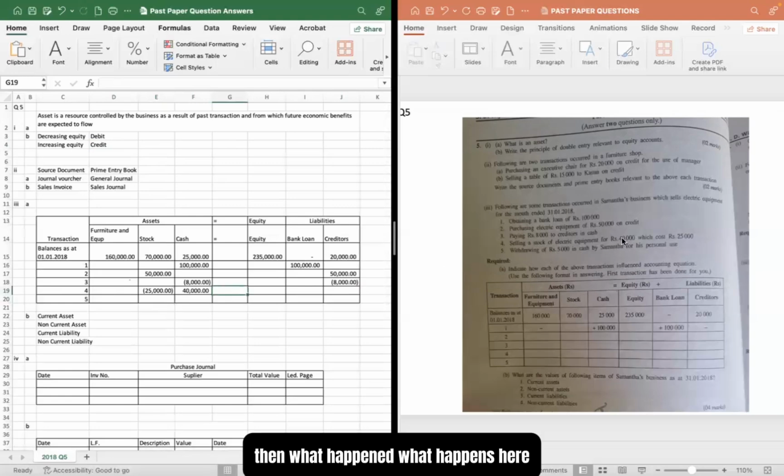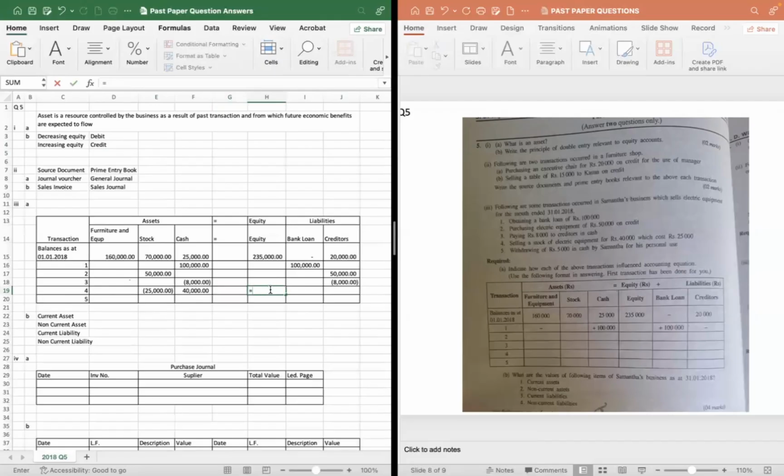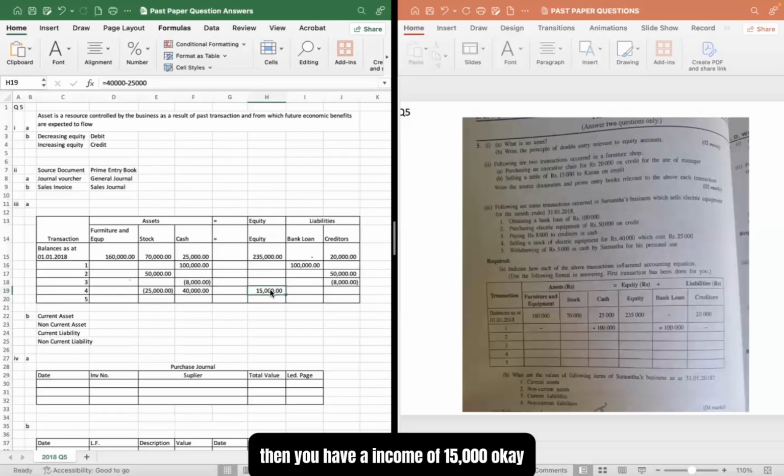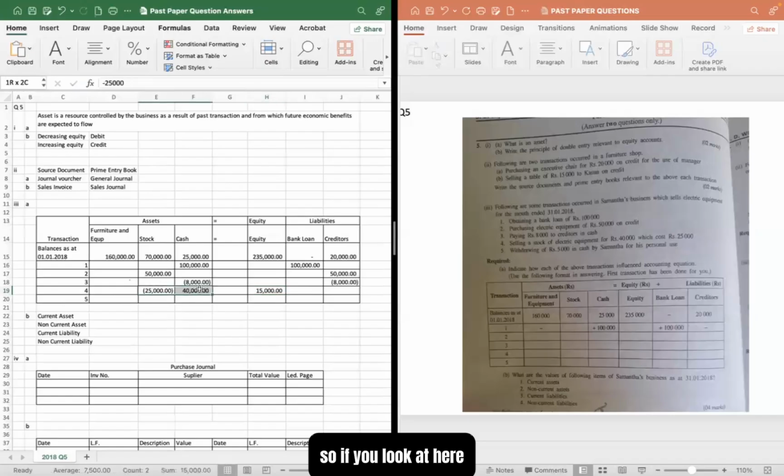Then what happens here? Now you have bought it for 25,000, then you are selling it for 40,000. Then you are having an income of what? You are selling it for 40,000, whereas it cost only 25,000. Then you have an income of 15,000. So if you look here, the total is 15,000 and here the total is also 15,000.